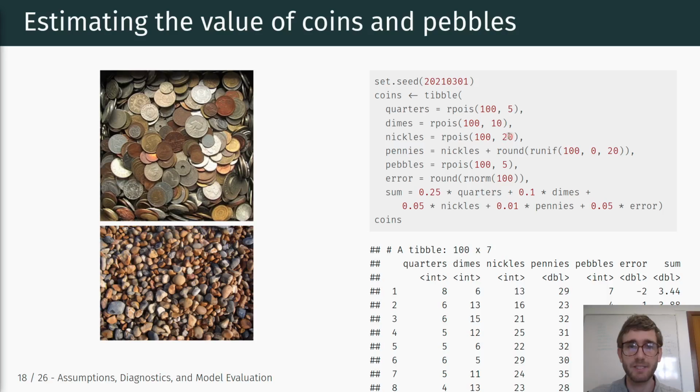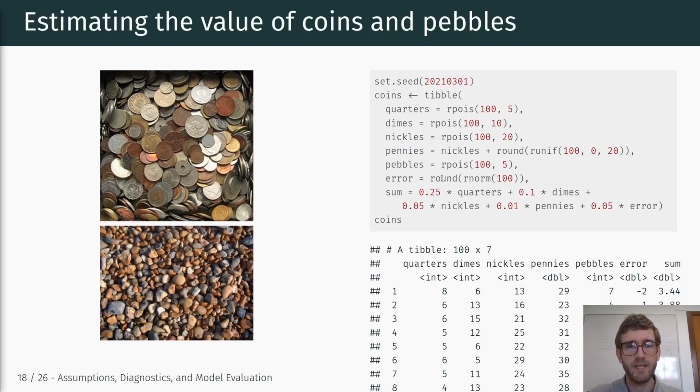That means in expectation we should have about 30 pennies in our data for each observation. And then we also have pebbles. Pebbles obviously are worth nothing, but we have 100 draws from a Poisson distribution with lambda equal to 5. So in expectation, around 5 pebbles in our pocket as well.